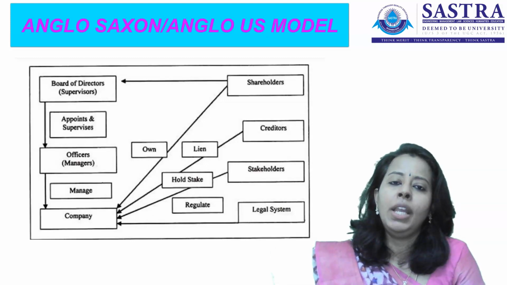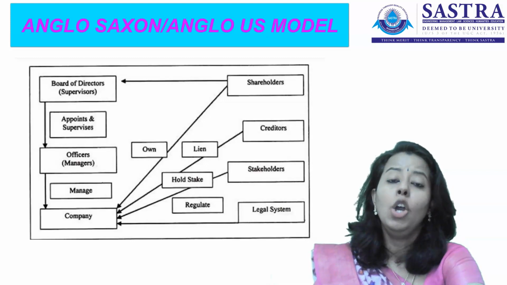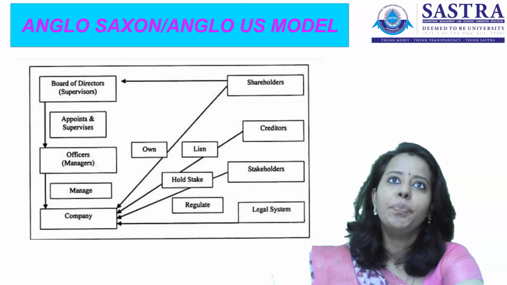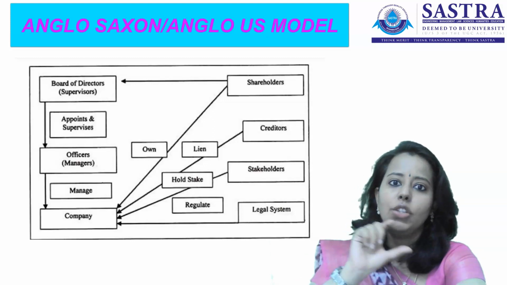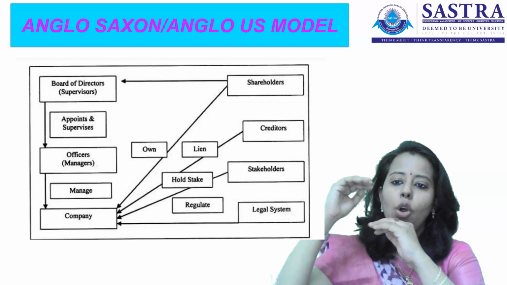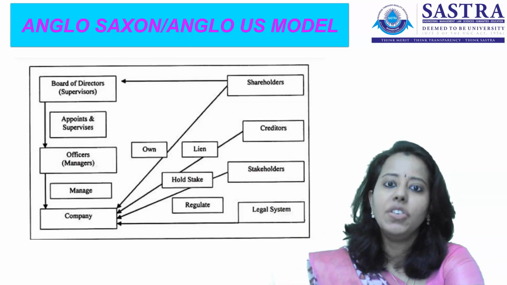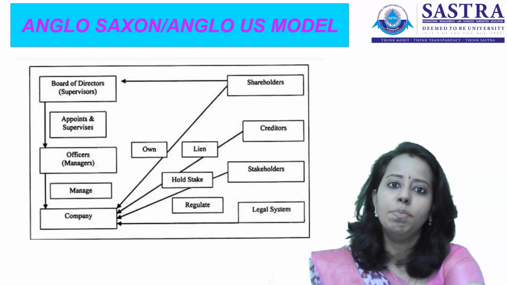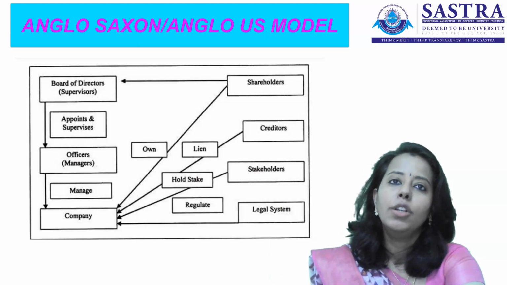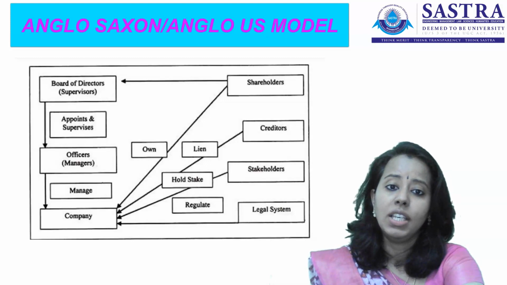So here in the Anglo-US model, the directors are rarely independent of management, and companies are run by professional managers who have a negligible ownership stake. So there is always a clear separation of ownership and management. Institutional investors, mutual funds and banks are portfolio investors here.